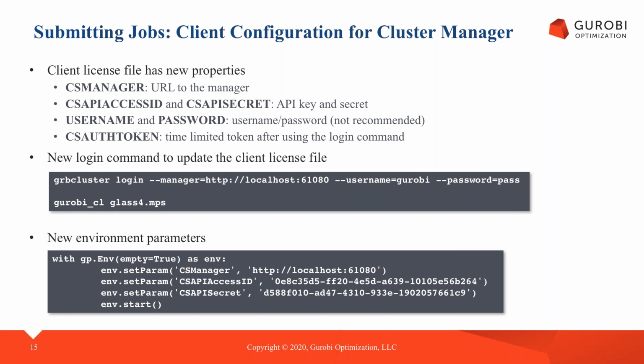If you want to connect to a manager, you can type grbcluster login --manager, and you provide the URL of the cluster manager, and you also provide your username and password. Once this is done, you're connected, and all the command line tools, such as gurobi_cl or grbtune, and grbcluster as well, will then use those parameters automatically. You don't have to specify those parameters again.